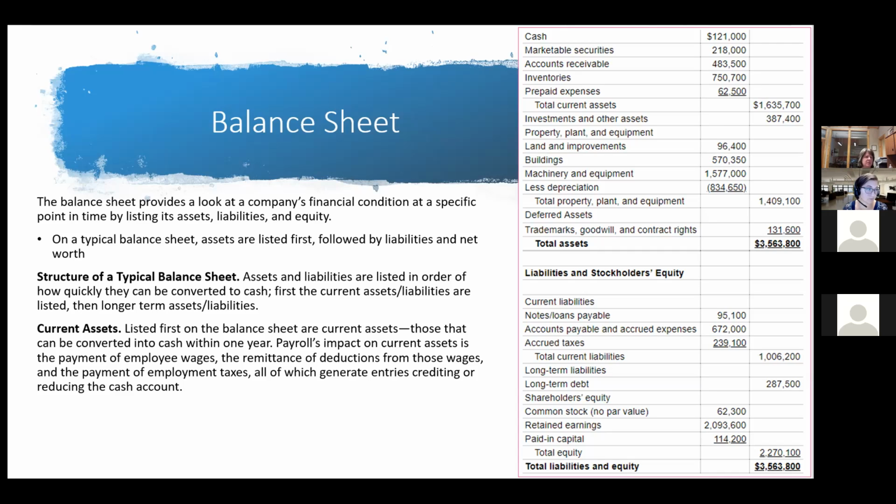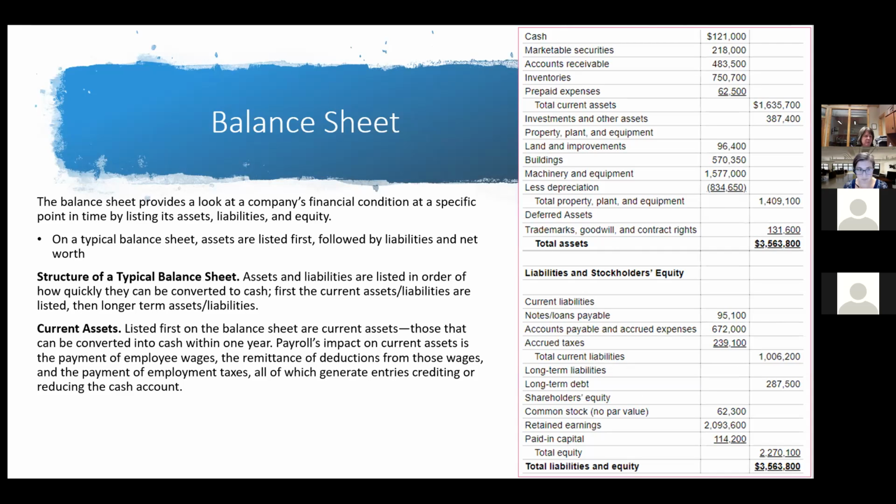And then we get into our liabilities. And again, the most current liabilities are on the top, the longer term liabilities are on the bottom, depending on the size of your organization. If you've got notes payable, loans payable, the company will do journal entries to move a portion of the long-term liability.